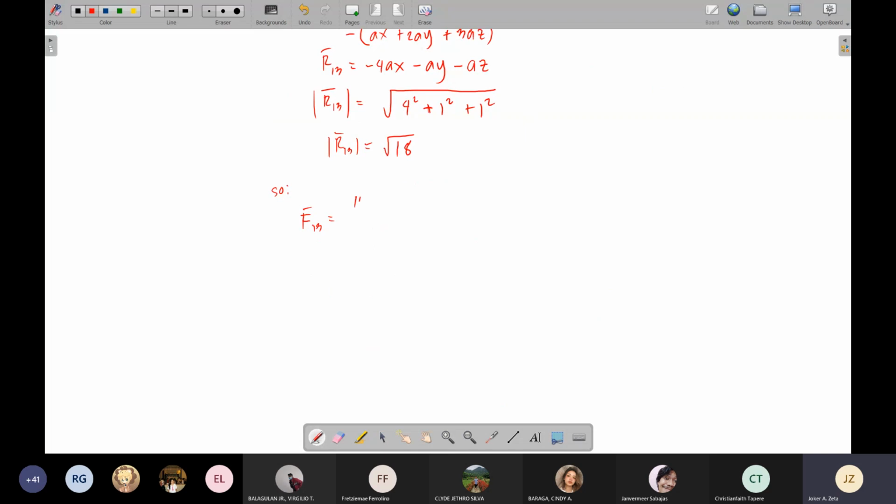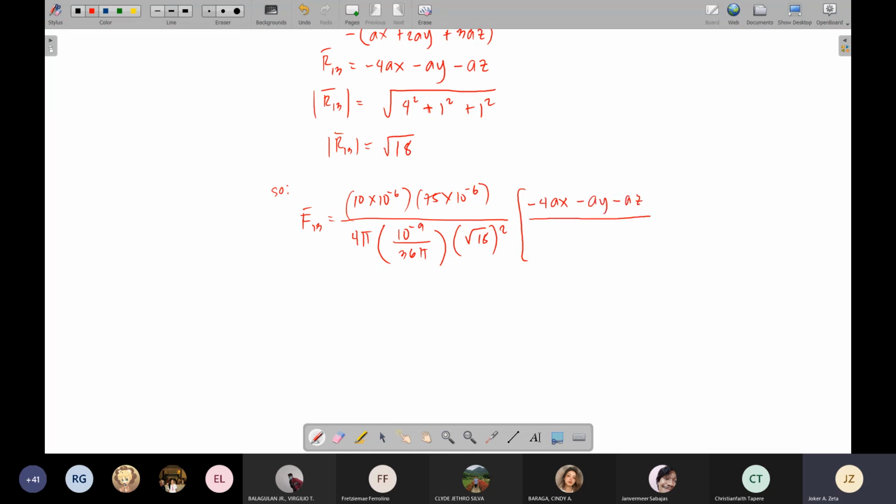So, you will have here 10 times 10 to the negative 6 times 75 times 10 to the negative 6 divided by 4 pi times 10 to the negative 9 over 36 pi. Then distance squared, you have square root of 18 squared multiplied by the direction, you have negative 4ax minus ay minus az, over the magnitude, square root of 18. Okay, so you have your force 1, 3.